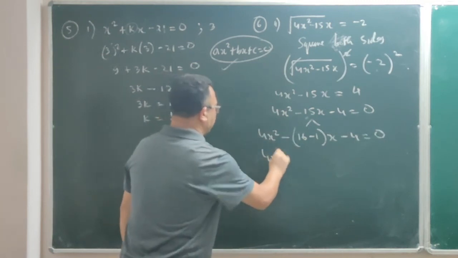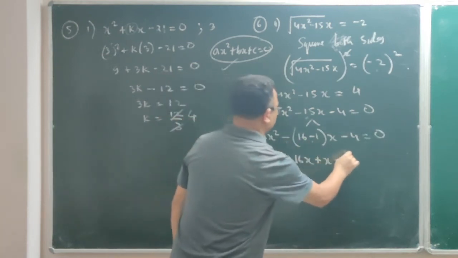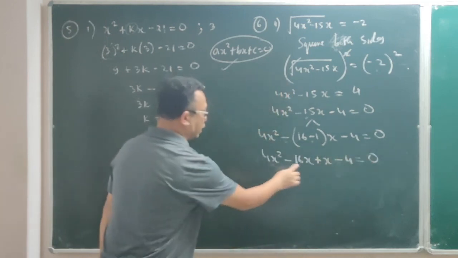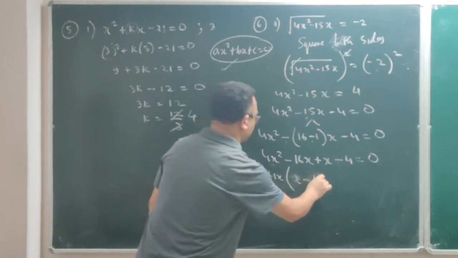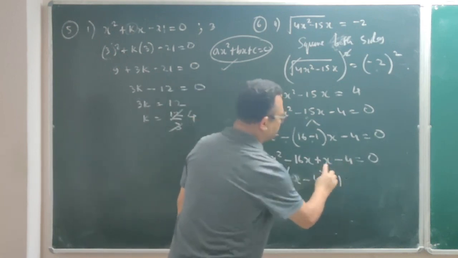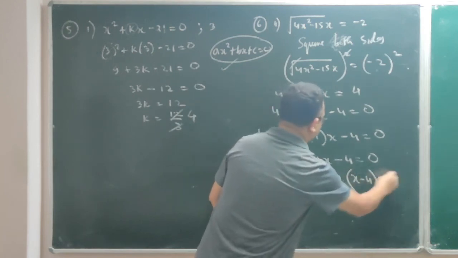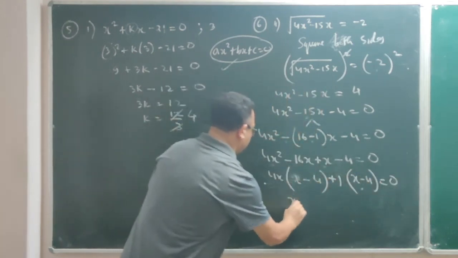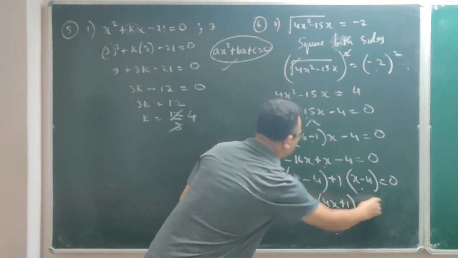As you open the bracket, 4x square minus 16x plus, because minus into minus is plus, x minus 4 equal to 0. Taking 4x common between these, it will be x minus 4, and between these two, as you see, nothing is common, so I'll take positive 1 as common, so this also is x minus 4. Now you can see both the brackets are the same. So x minus 4 in one bracket and 4x plus 1 in the other equal to 0.